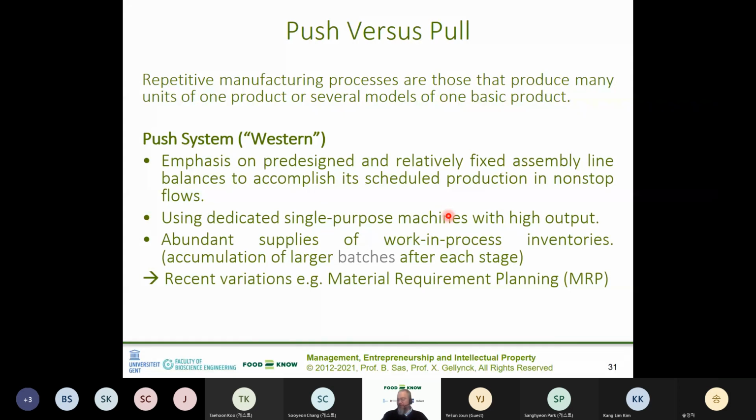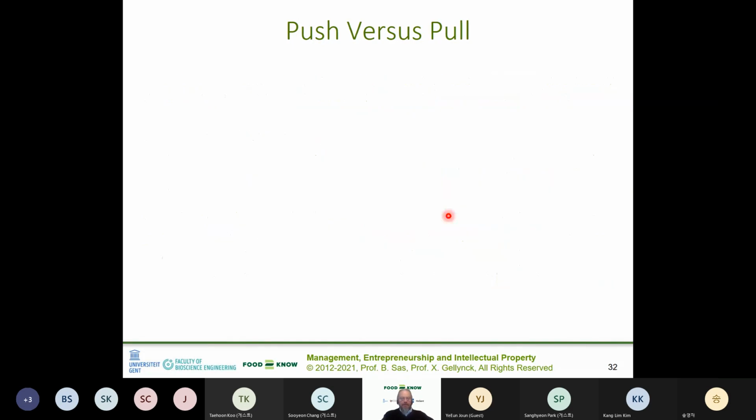But of course, if nobody's buying, you end up with a huge amount of inventory, which is just sitting there, not moving out, not being sold. So you end up in serious cash flow issues. And about cash flow, we'll be discussing that in another module, which will be given by my colleague Xavier Hellink.